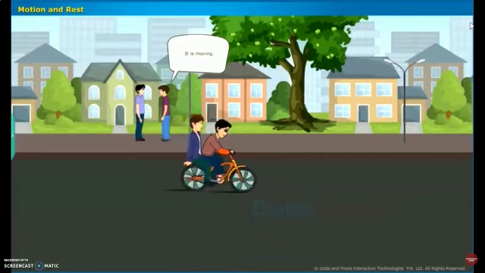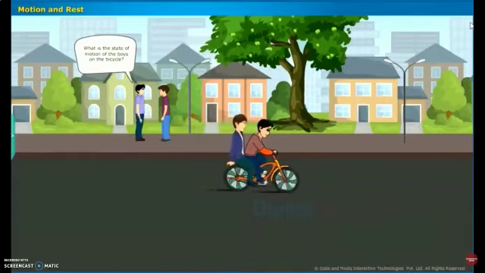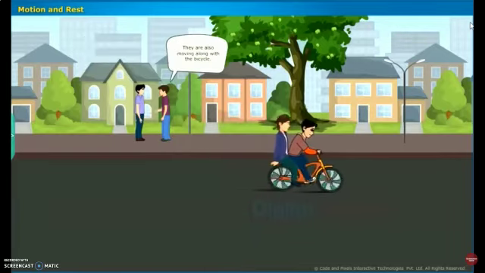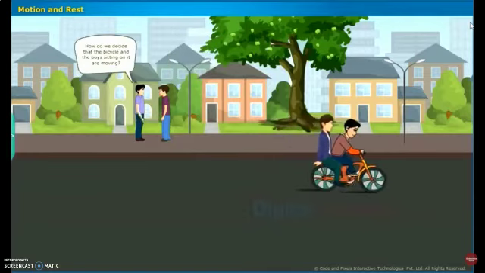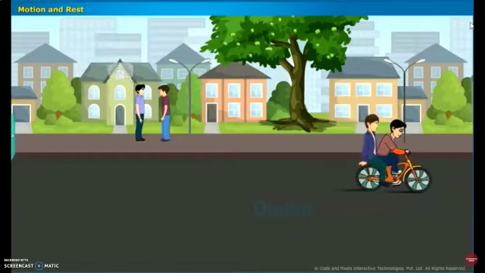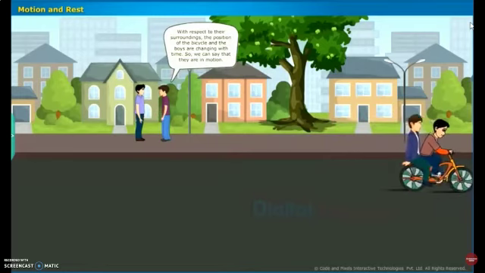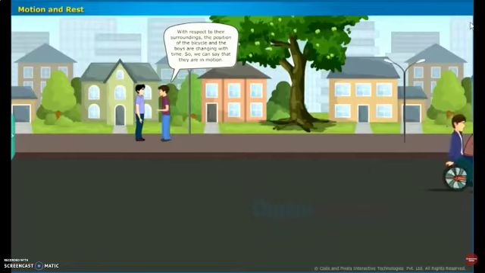It is moving. What is the state of motion of the boys on the bicycle? They are also moving along with the bicycle. How do we decide that the bicycle and the boys sitting on it are moving? With respect to their surroundings, the position of the bicycle and the boys are changing with time. So we can say that they are in motion.